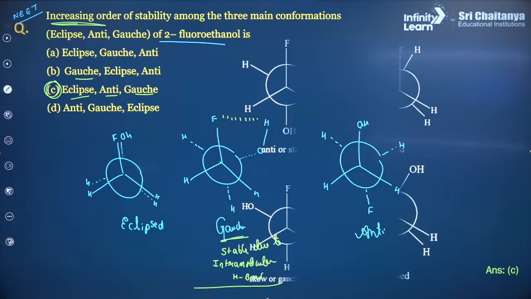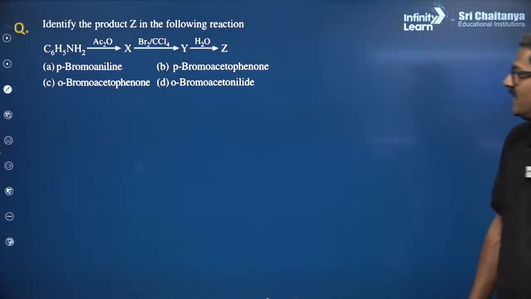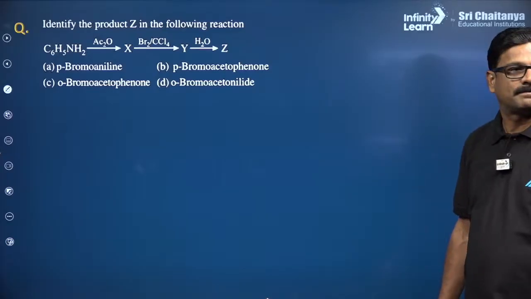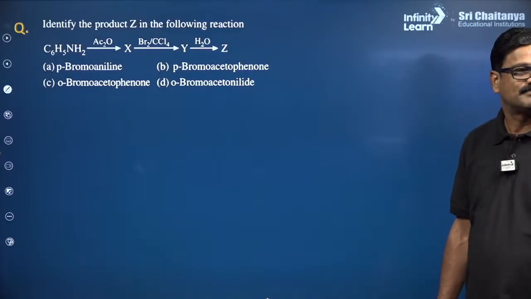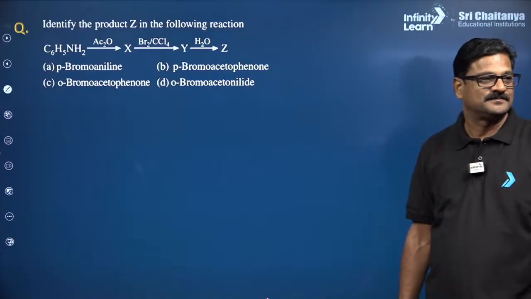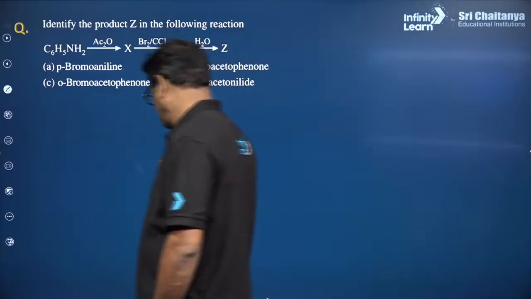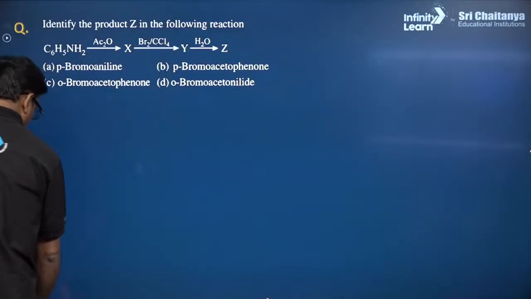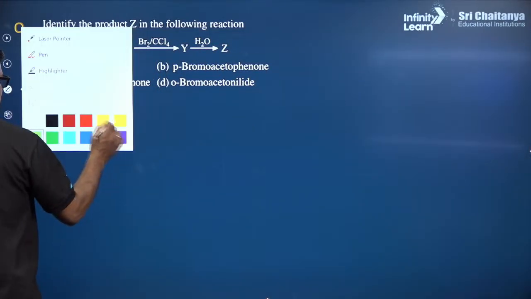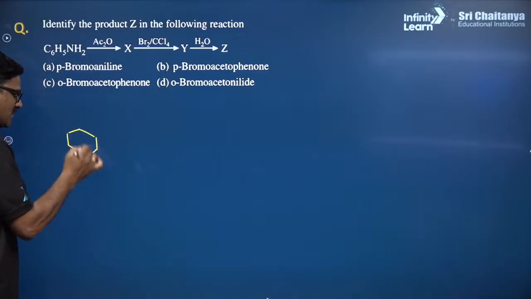Moving ahead, the next question. Identify the product Z in the following reaction. This is your aniline.